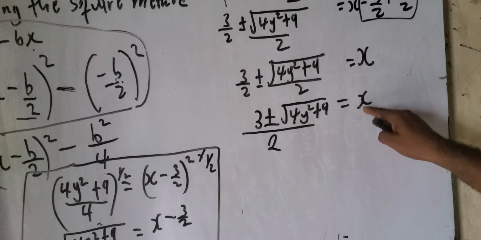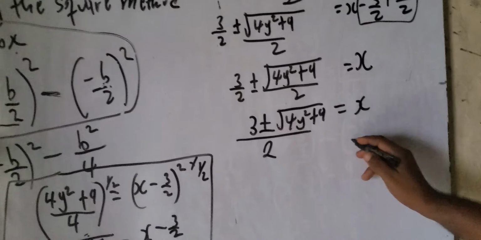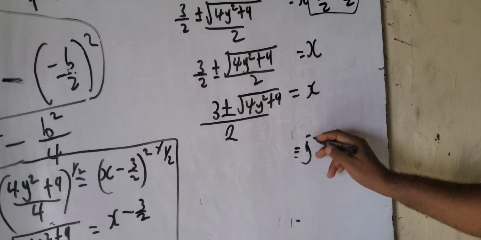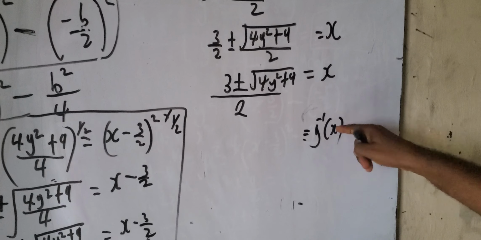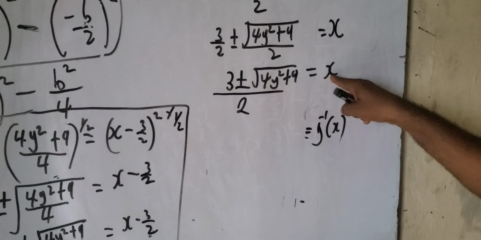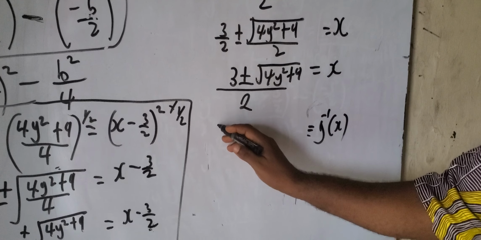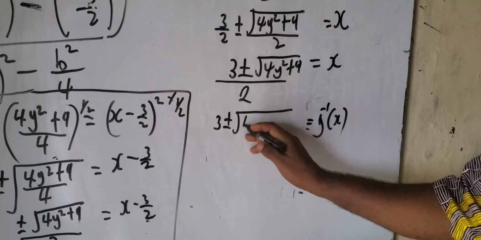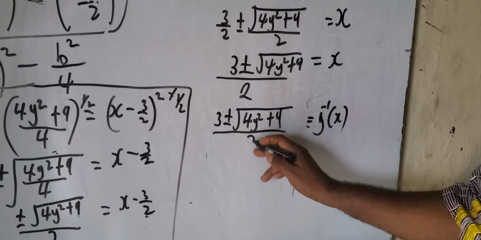Now, this particular x is the inverse function of the original function here, which means inverse of g, raised to power minus 1. That is the inverse. The moment you have got the inverse, you replace this x with y or with x. So this will become 3 plus or minus square root of (4y squared plus 9) divided by 2.